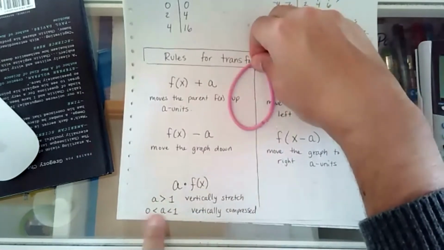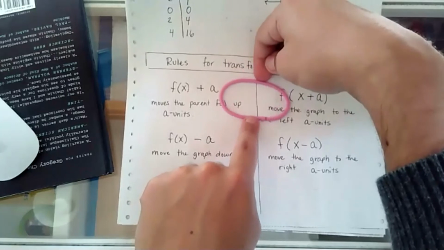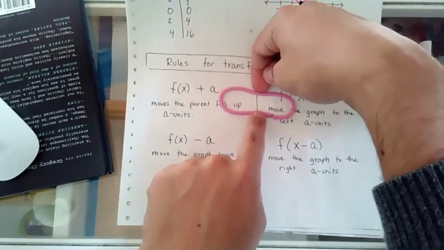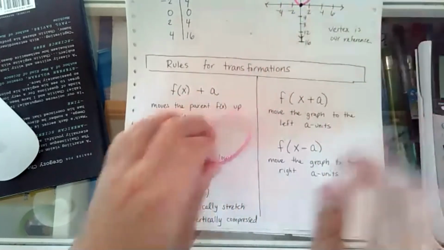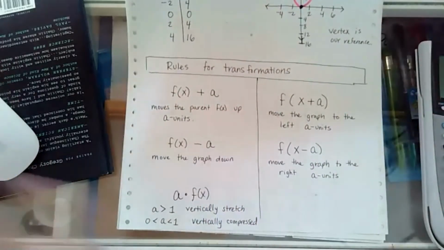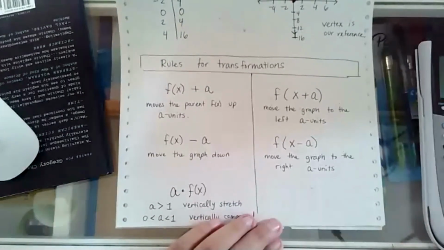But if I multiply by a fraction or some number between 0 and 1, then I would be vertically compressing, so we should see the parabola get sort of wider and shorter. And I'll do another demonstration here in Desmos in a second so that it feels more like math and less like my hair tie.